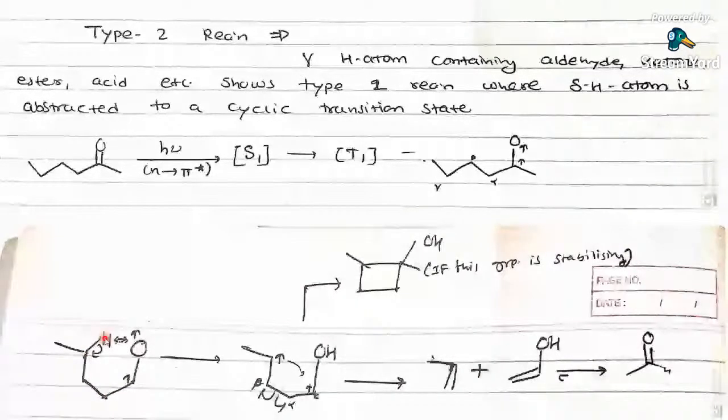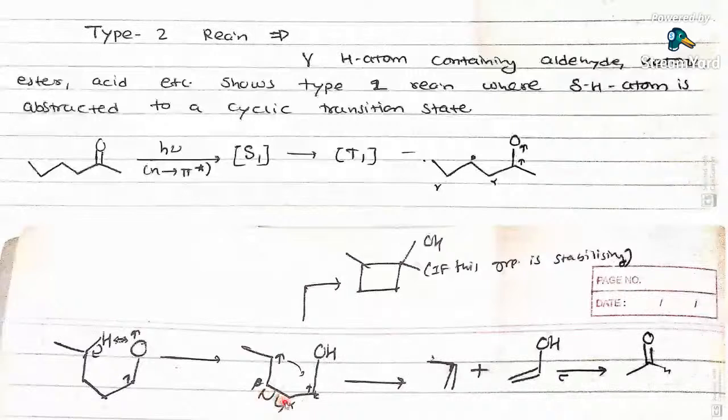This hydrogen will be abstracted by the oxygen, as a radical. So one radical will remain at this position, as you can see. They have formed OH, and one of the radicals from the CO bond is already at this position. So the Norrish type 2 reaction is first the abstraction of gamma hydrogen and then the alpha beta bond cleavage.